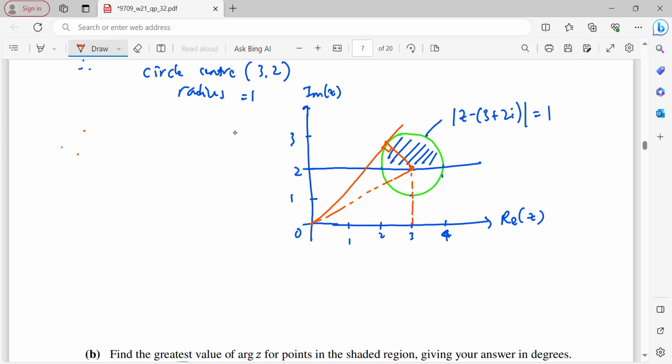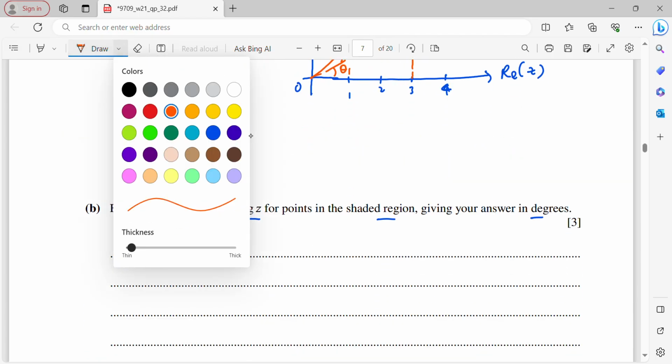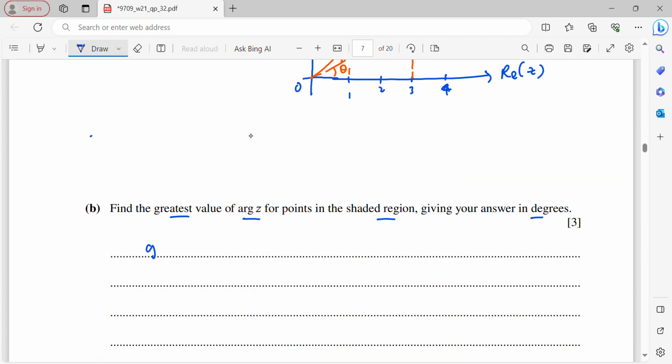My angle is, let's say, here theta 1, here theta 2. So my argument is basically theta 1 plus theta 2. Okay, so now I will write here my greatest argument of z is theta 1 plus theta 2.